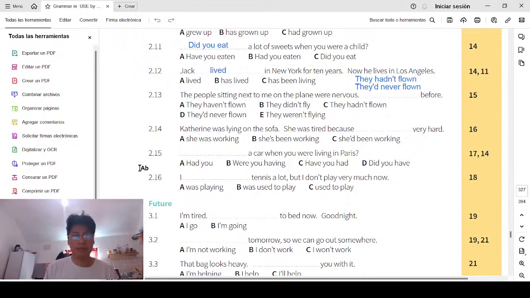Next one. Catherine was lying on the sofa. She was tired because she was working very hard, or she's been working very hard. Check it out. This is complicated.